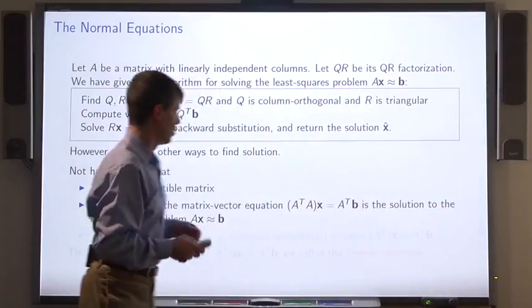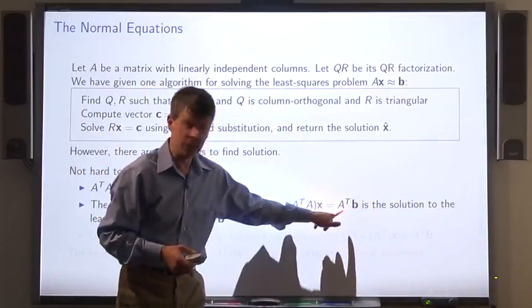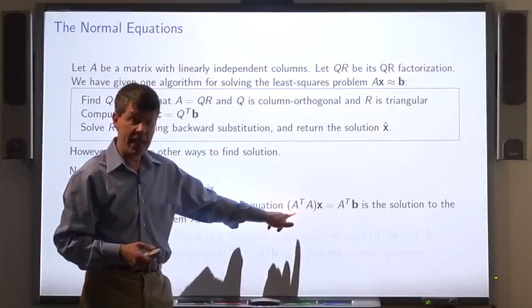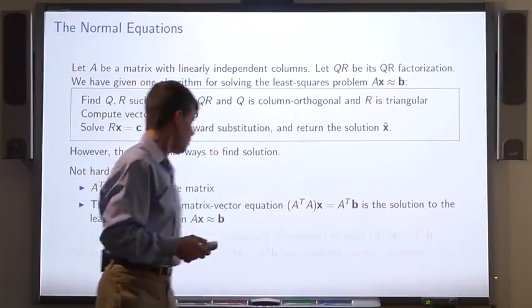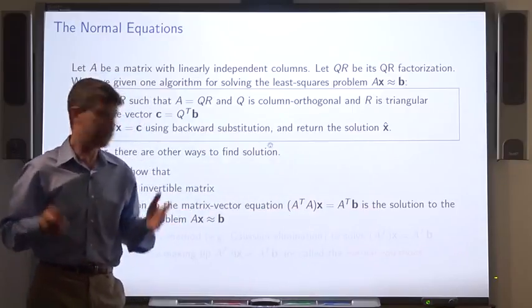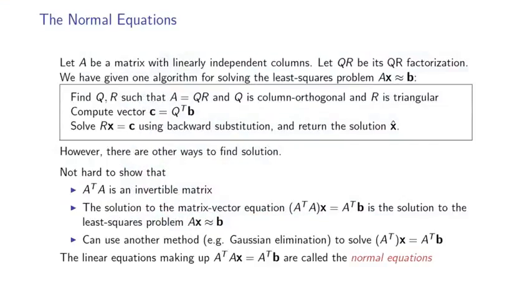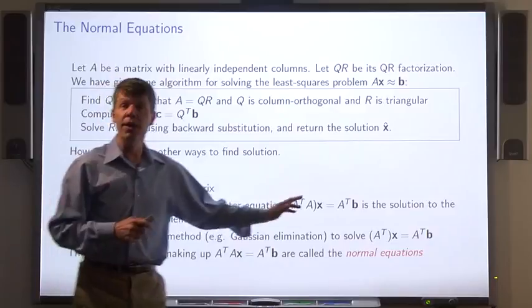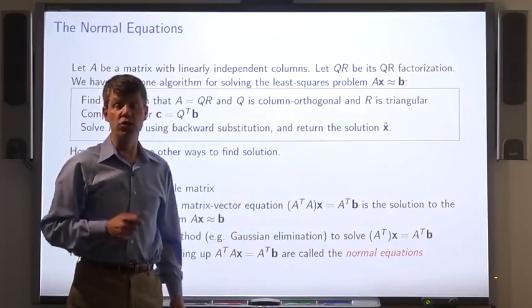It's exactly the same solution. This is a matrix vector equation with a square and, in fact, invertible matrix. So you can solve this equation using other methods such as Gaussian elimination. And the equations making up this matrix vector equation are called the normal equations. For a long time, this was the way to find a solution to least squares.